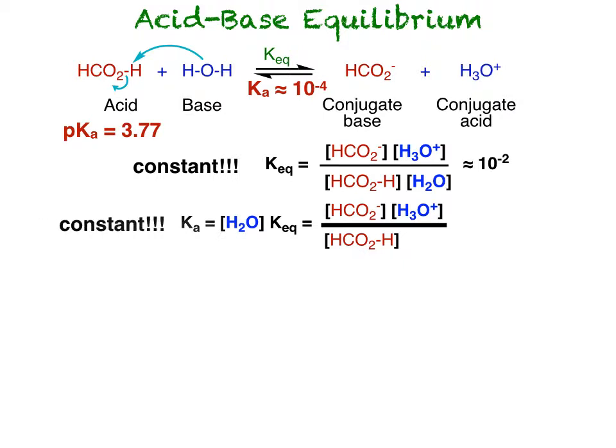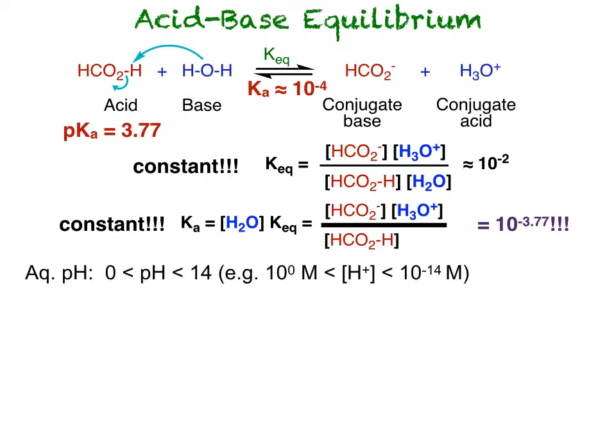And that Ka is in fact 10 to the minus 3.77, or 10 to the minus 4 if we want to be more exact. That is where we get the pKa. Actually, we got the pKa by taking the negative log of the Ka. We'll talk about that a little bit more in the next couple of slides, but that's what you should have learned from general chemistry.